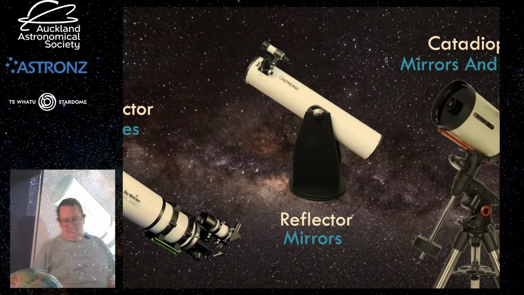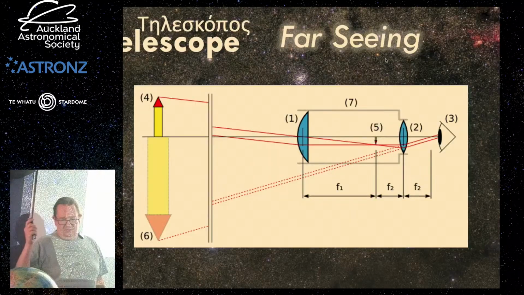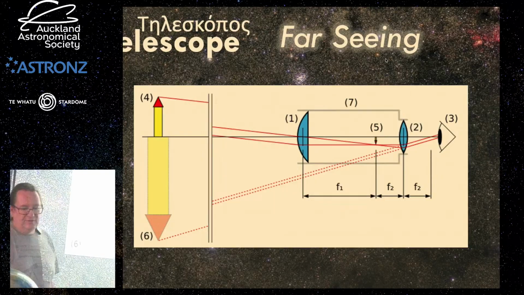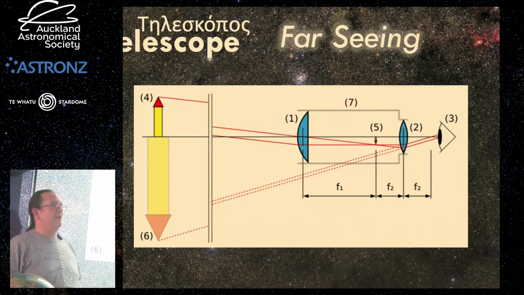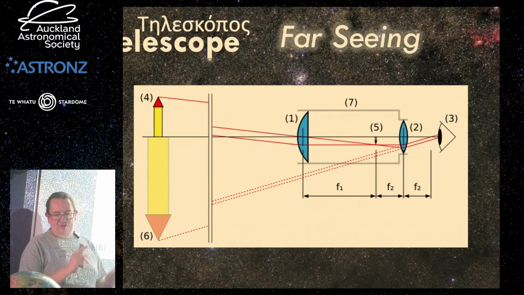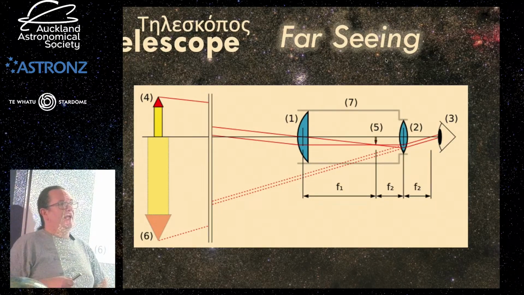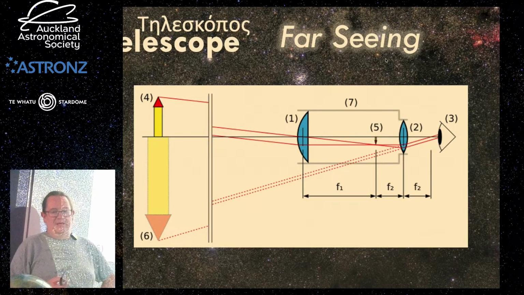So, telescopes. The word telescope was coined in 1611 by Greek mathematician Giovanni, and I'm going to screw this up, Demisiani. And he saw Galileo's telescope, and he basically came up with the name that means far-seeing.